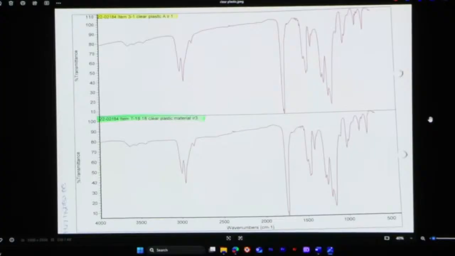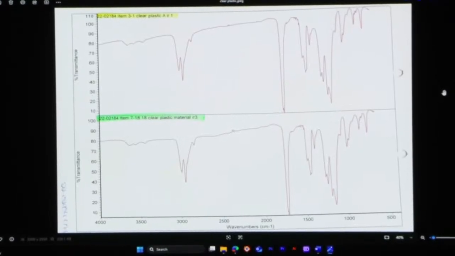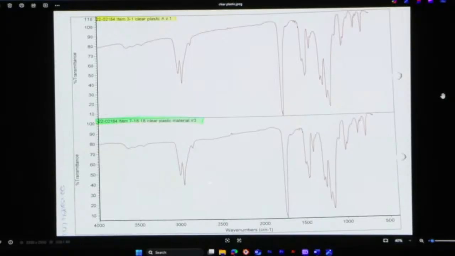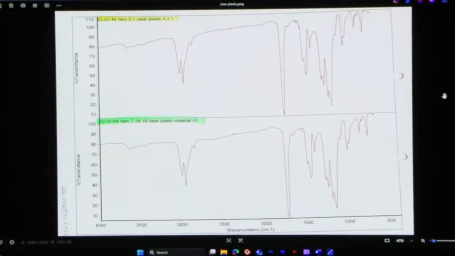The top spectrum is item 3-1, and the bottom spectrum is item 7-18.18.